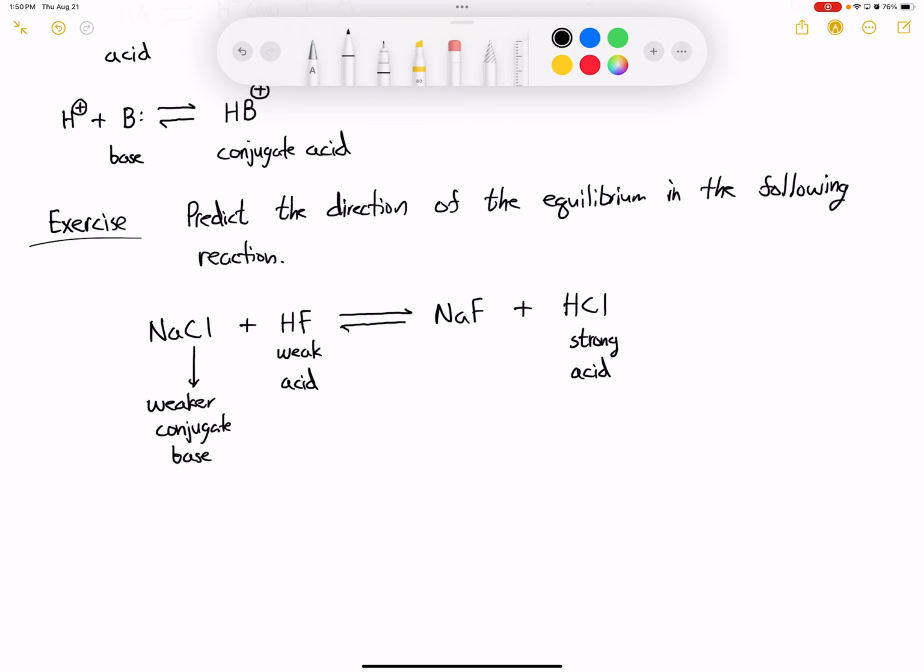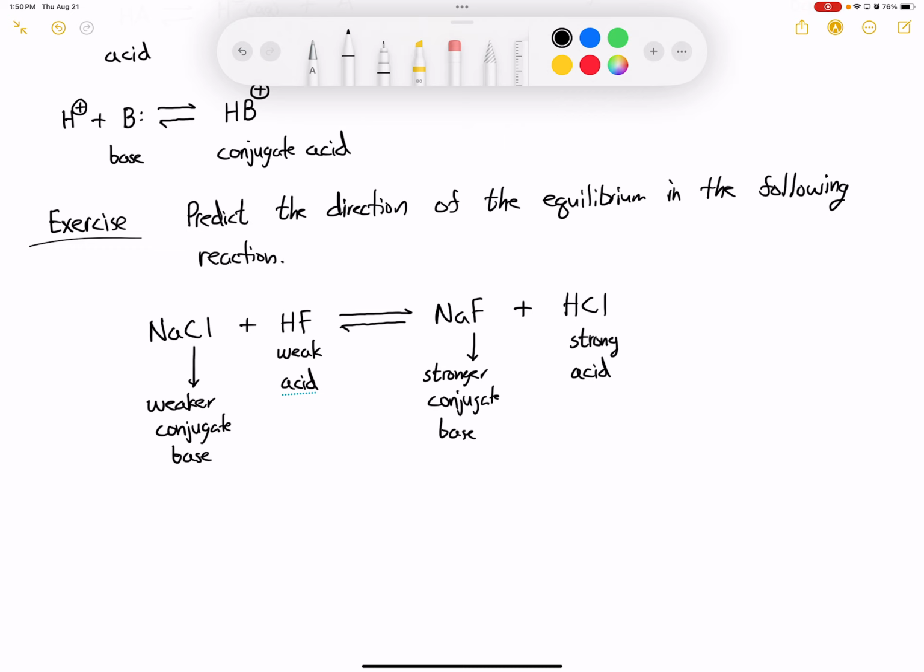So that means F- must be a strong conjugate base. So here, I'll point to fluorine here. Stronger conjugate base. And what I mean by stronger is compared to chlorine. Sorry, not fluoride, chlorine, okay?